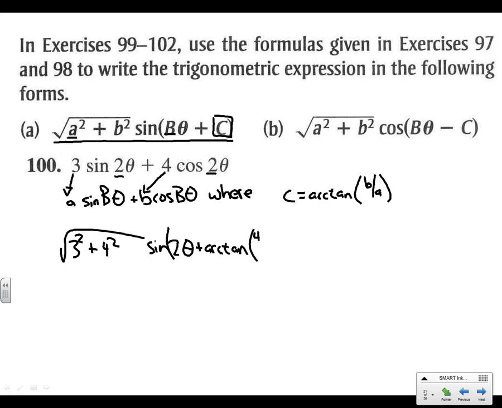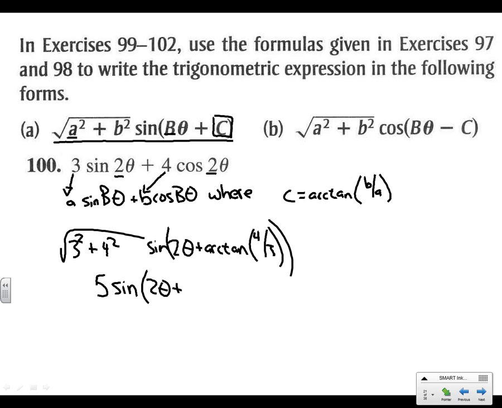We said little b was 4 and little a was 3, and so we're going to plug that in. 3 squared plus 4 squared, that's a Pythagorean triple. 3, 4, 5 right triangle, sine 2 theta, plus, how are we going to get the arctangent of 4/3?